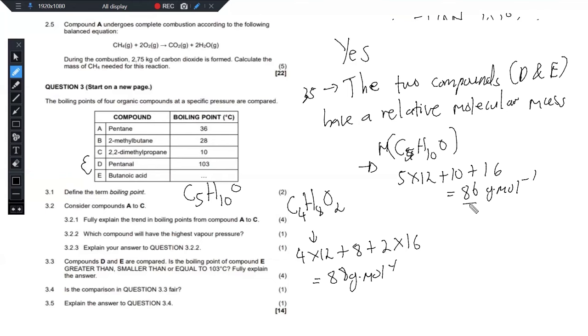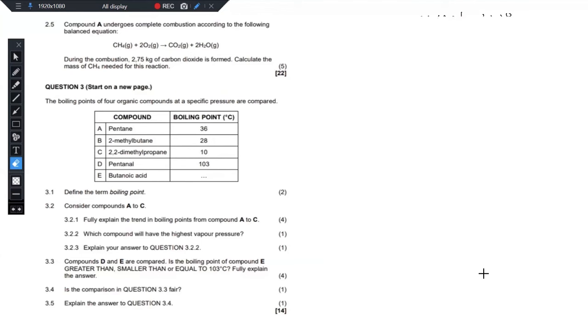So it's not the same, but then it's around the same molecular mass. So that is fair. If you compare compounds that are within the same weight or the same mass, then you can say that it's a fair investigation. So the two compounds have a similar relative molecular mass. Okay, so that's it with your question 3.5.